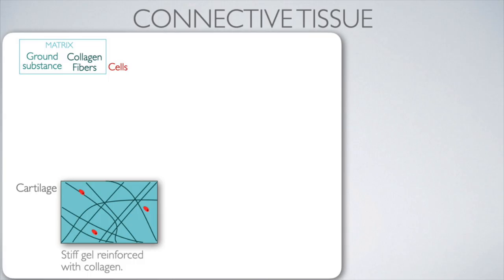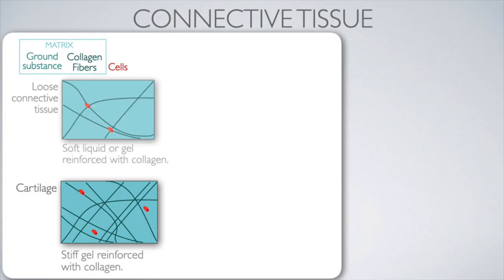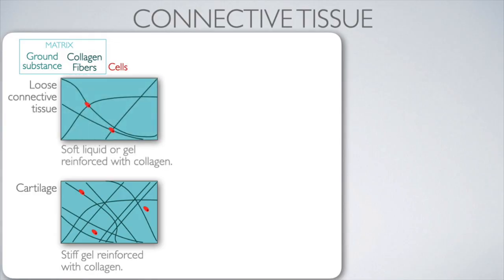There's another type of tissue we haven't yet mentioned called loose connective tissue, which is basically the same kinds of parts, but fewer collagen fibers, and therefore a less stiff material composition in tension. So this can be a soft liquid or a gel that's reinforced by those fibers.